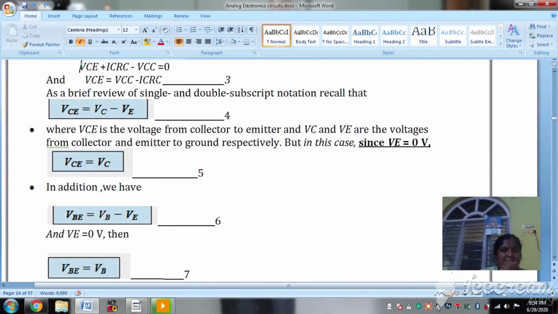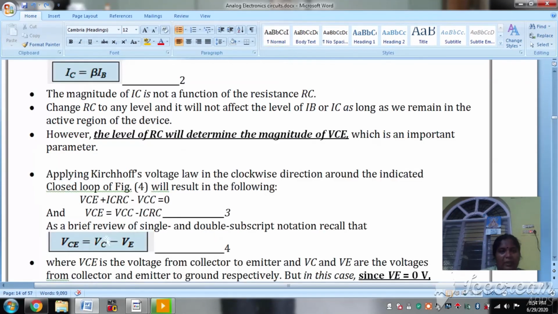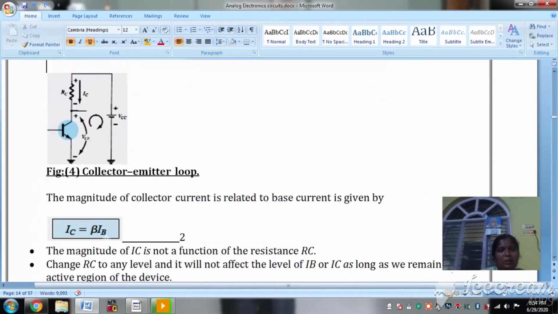So VCC minus VCE divided by RC is your IC value. Here VE is equal to 0, because the emitter is connected to ground.